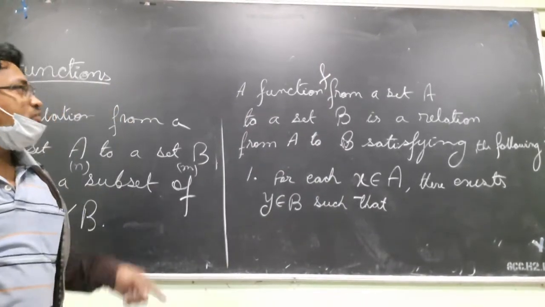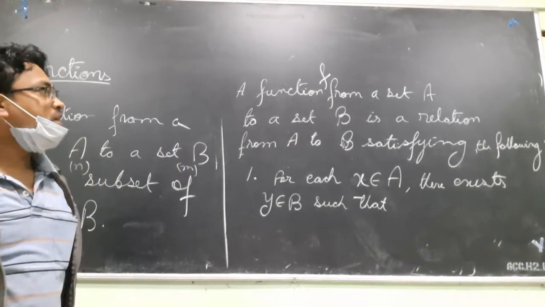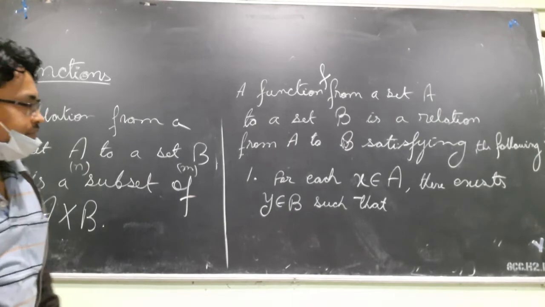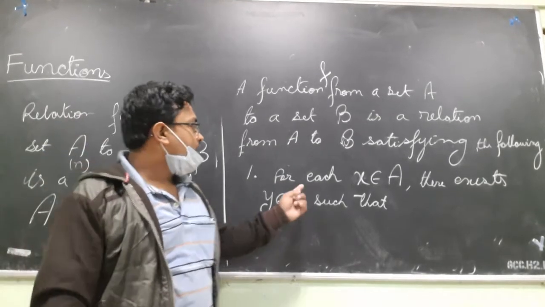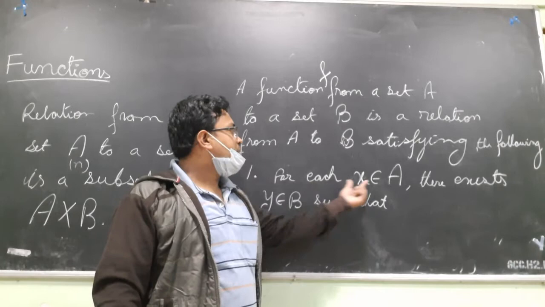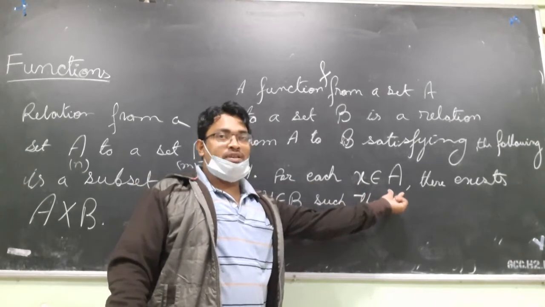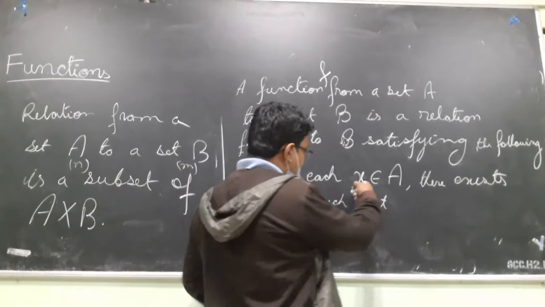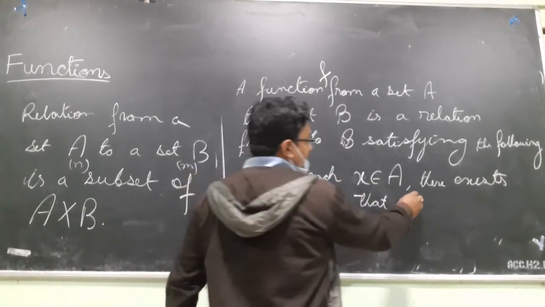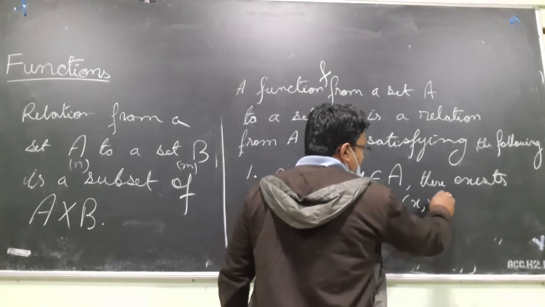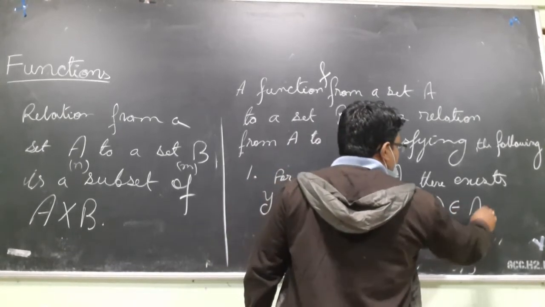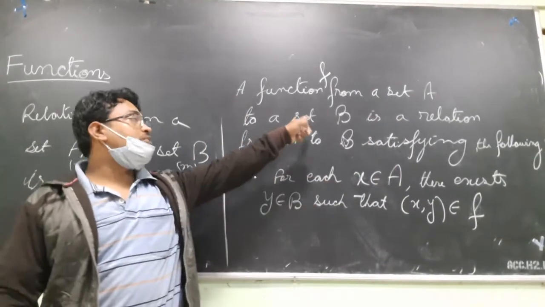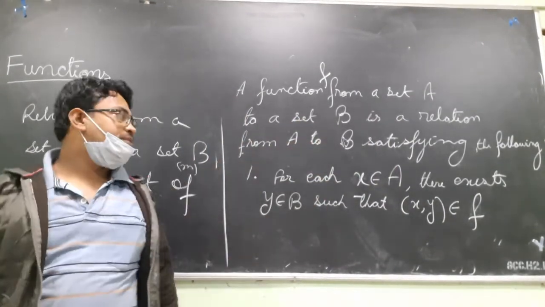A function f from a set A to a set B is a relation from A to B satisfying the following. It satisfies that for each element in the first set, there is an element in the second set such that they are related. X and Y are related, that means (x, y) belongs to f. f is a subset of A cross B. f is already a relation.